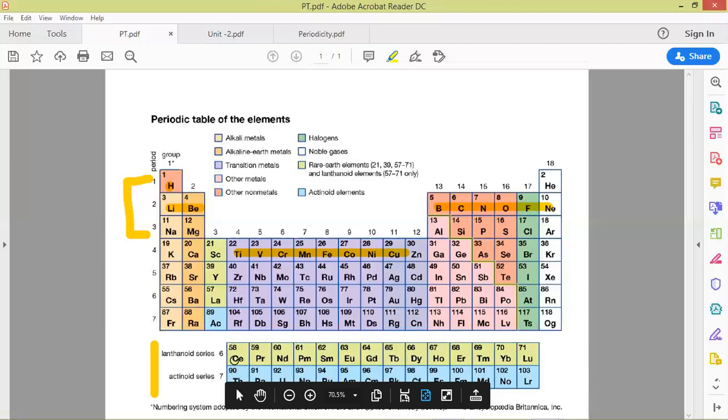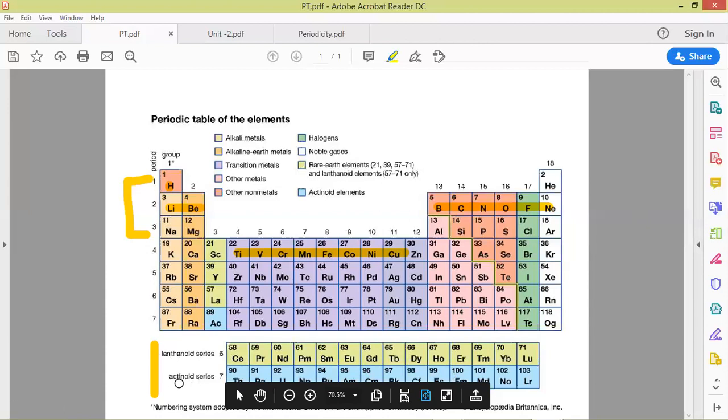The atomic number varies from 58 to 71, from cerium to lutetium. These elements are called lanthanides, as they exist in the periodic table after lanthanum, which has atomic number 57. For actinides, the atomic number varies from 90 to 103, that is from thorium to lawrencium.